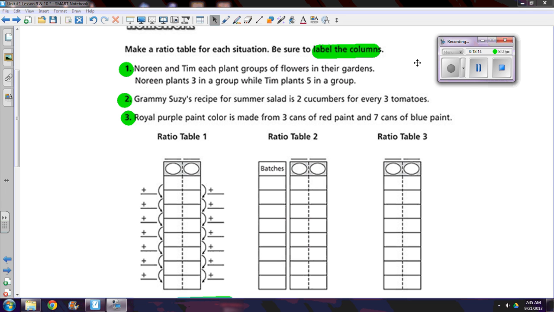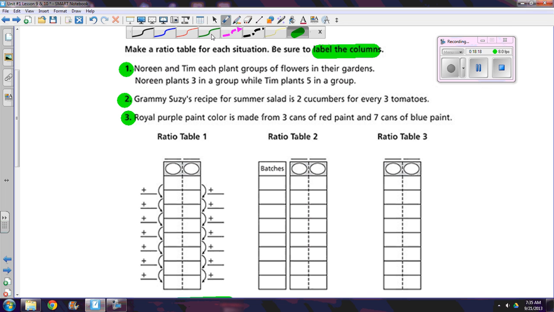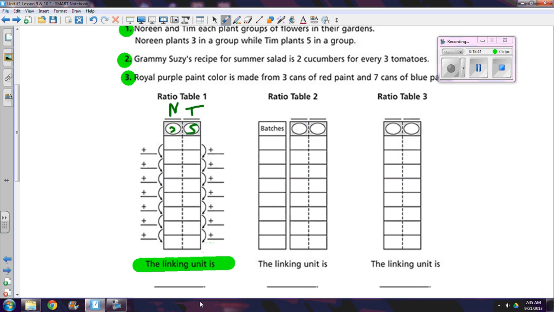Noreen plants 3 in a group while Tim plants 5 in a group. So you would start filling it in. You have your unit ratio of 3 to 5, and 3 would be Noreen, and 5 would be Tim. And then you would continue and fill out the linking unit.